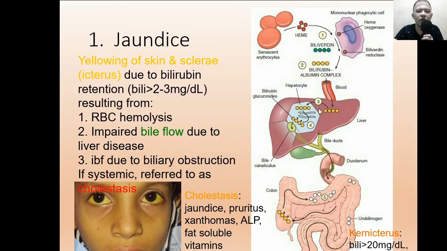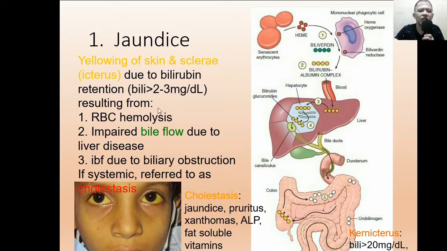Why does it have to be conjugated? Because it needs to be soluble. But certain bacteria in the gut deconjugate it again. The normal level of bilirubin is less than 2 milligrams per dL.